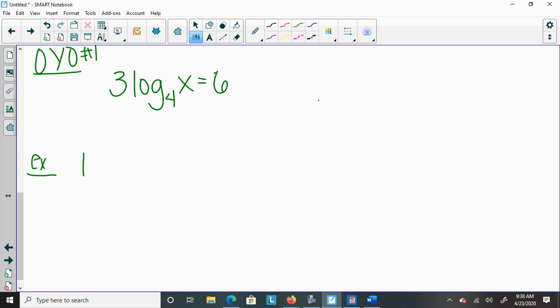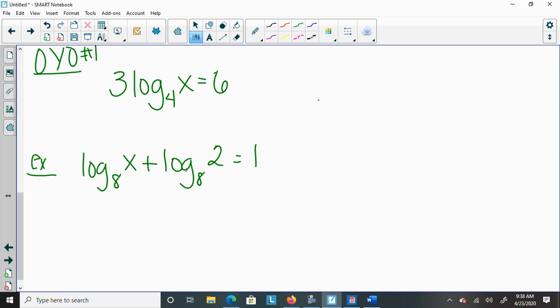So if I see a problem like this, log base 8 of x plus log base 8 of 2 equals 1. In the case where you see multiple logs in a problem, we have to just have one of them because we can't rewrite it if there's more than one. So we're going to have to combine these two together, and you have to think back from the last lesson and what a plus sign means with logs.